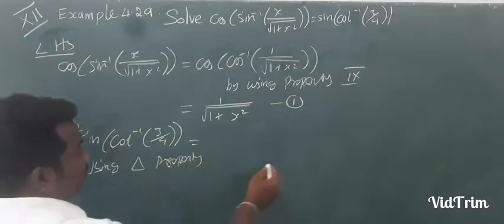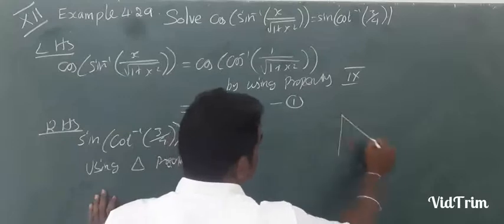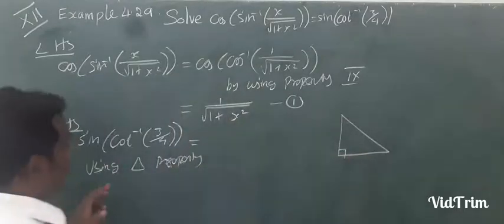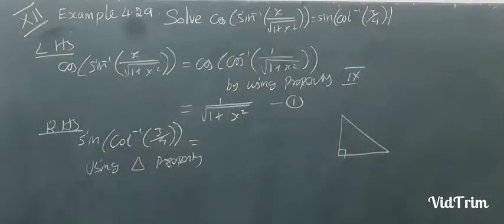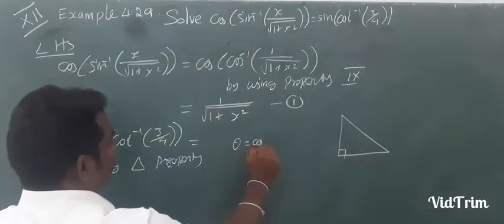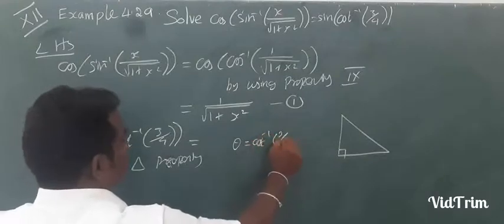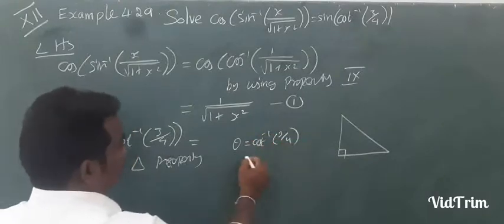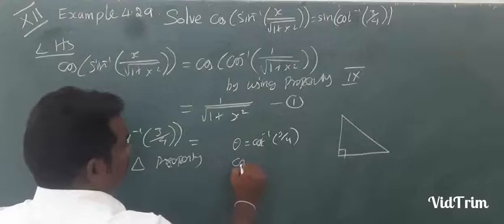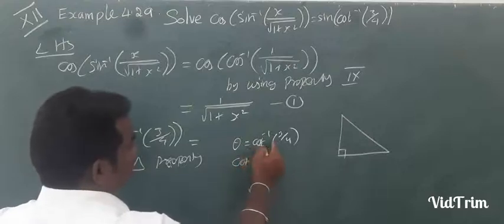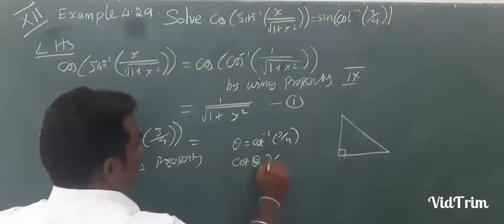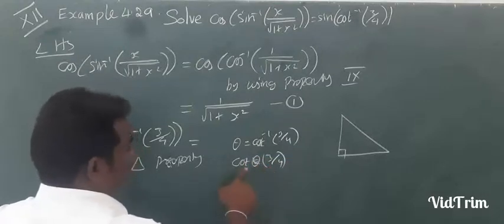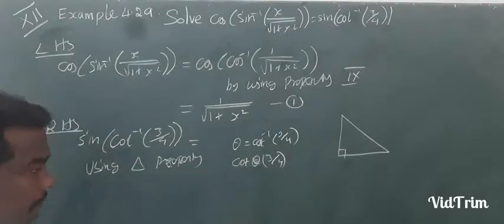If you take theta is equal to cot inverse of 3 by 4, then cot theta is equal to 3 by 4, and that is the reciprocal of tan theta. So tan theta is 4 by 3.